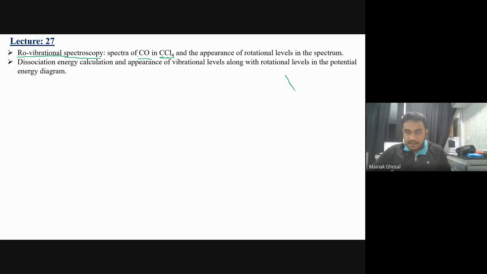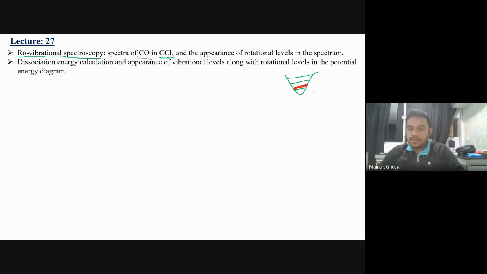You can just remember these things. Suppose this is my electronic energy level. This is my vibrational levels: v equals 0, v equals 1, v equals 2, any other levels. Under these there are certain rotational levels, very close in energy.